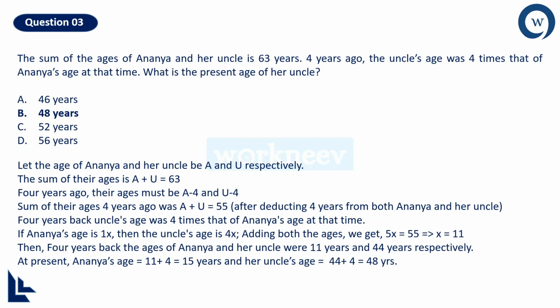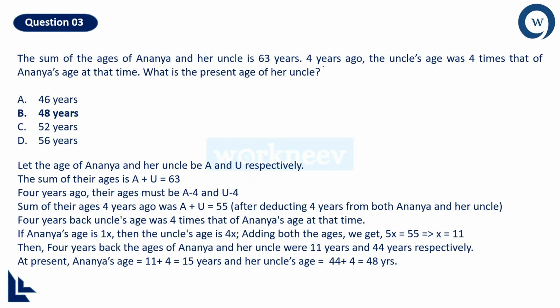So sum of their ages will be 8 years lesser than it is in the present, because I have to subtract 4 years from both the ages. So hence sum of their ages 4 years ago will be 8 years lesser than 63. That means A + U will be equal to 55.